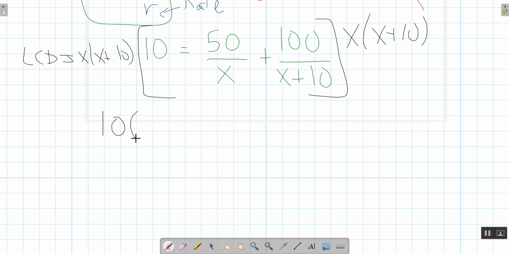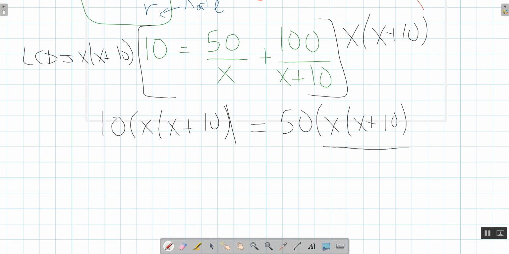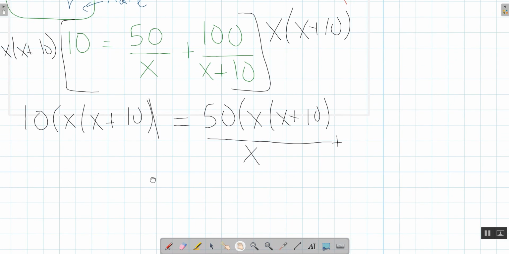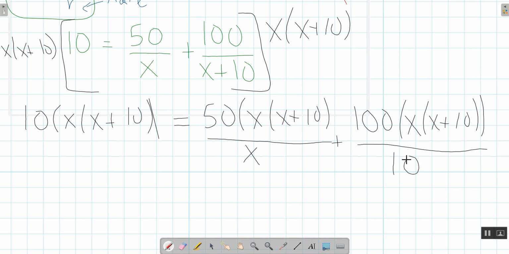So we have 10 times x plus 10 equals 50 times our common denominator, over x, and then we have 100 times x plus 10 over x plus 10 for that part of the trip. I'm going to slide the screen over a little bit to give some space. Beauty of technology.